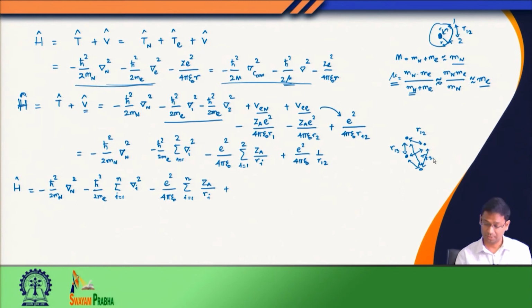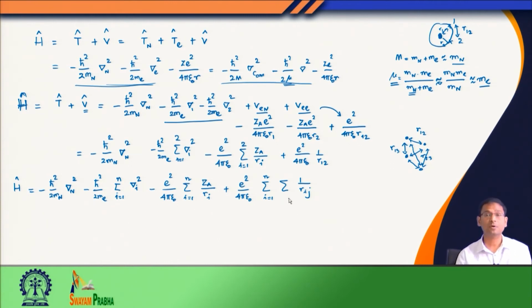So, how would I do this? For each term, I will have e squared divided by 4 pi epsilon 0, common, so I keep them out. I have one summation, i goes from 1 to n, the other summation, and 1 over r_ij. What would I have here, for example?